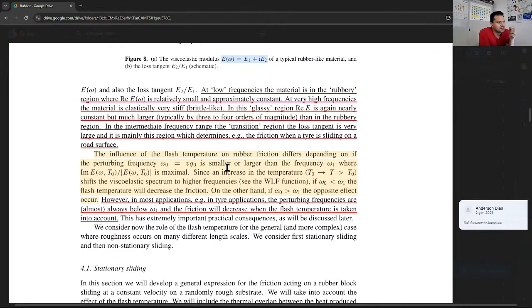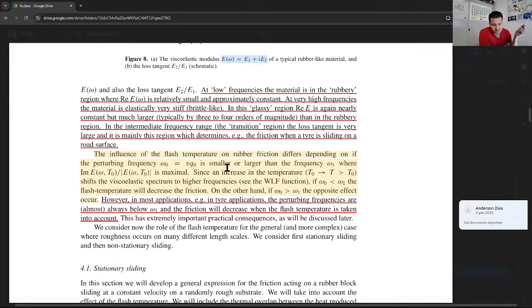Since T is bigger than T0, the environment temperature, this increase shifts the viscoelastic spectrum to higher frequencies.